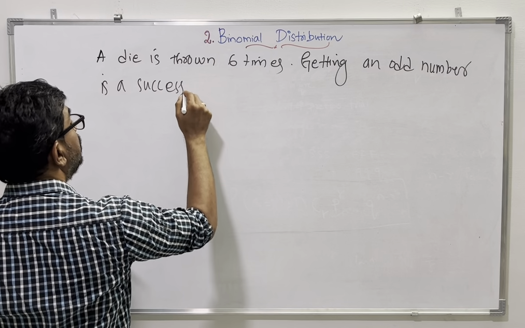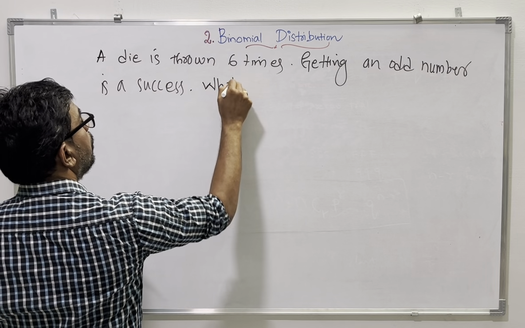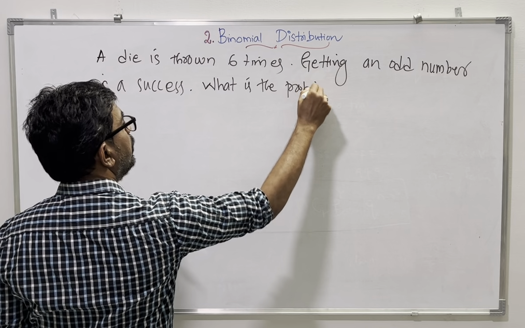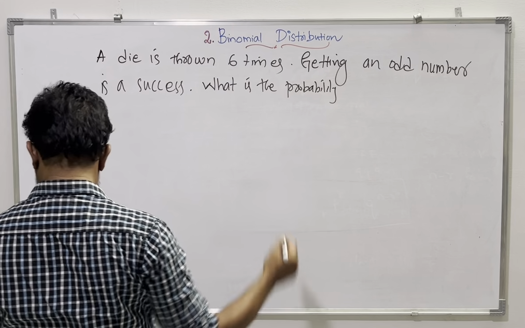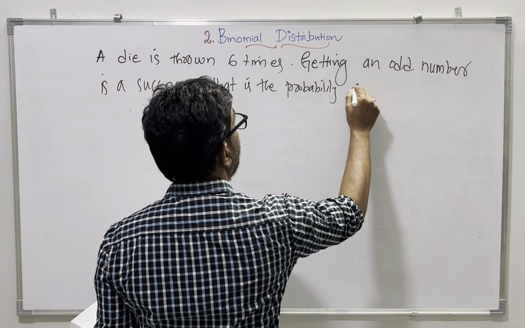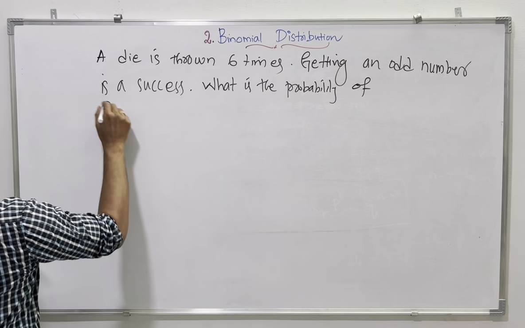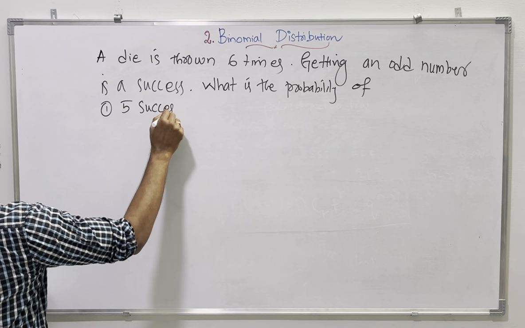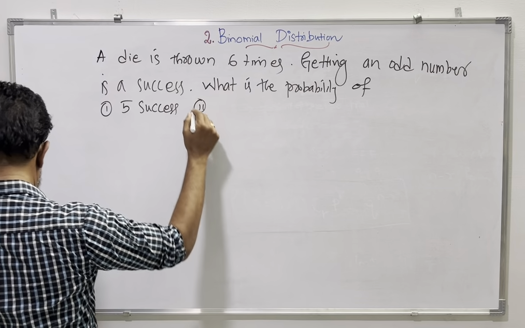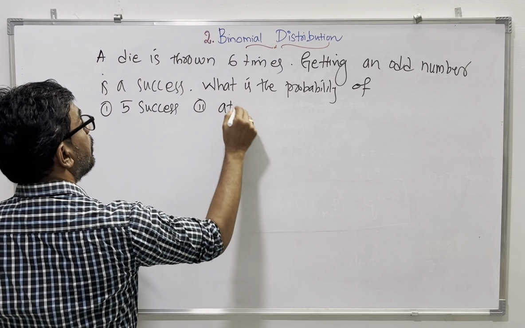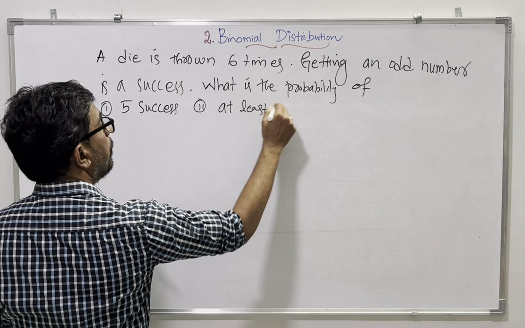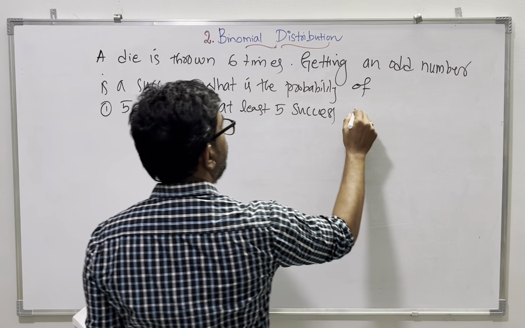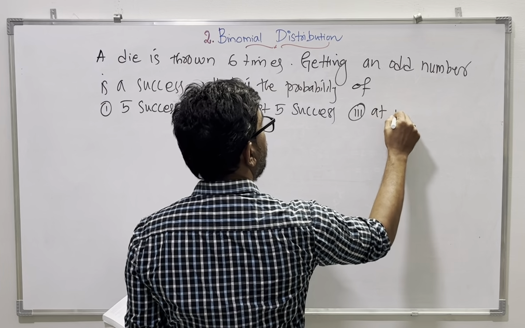What is the probability of: question number 1, 5 successes; question number 2, at least 5 successes; question number 3, at most 5 successes.